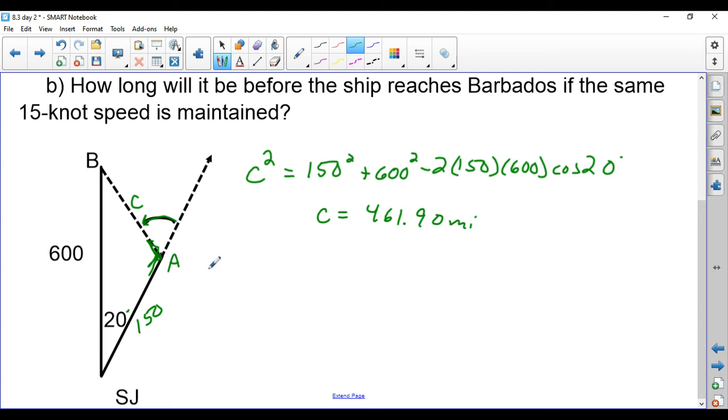So I'm going to check and see if I can use law of sines. I cannot use law of sines to find A. I have two options. I can either use law of sines to find angle B, because A is opposite of the 600, so if any angle in this triangle is obtuse, it would be at A. So I either need to find angle B using law of sines, and then subtract from 180 to get angle A, or I can just use law of cosines to find angle A directly.